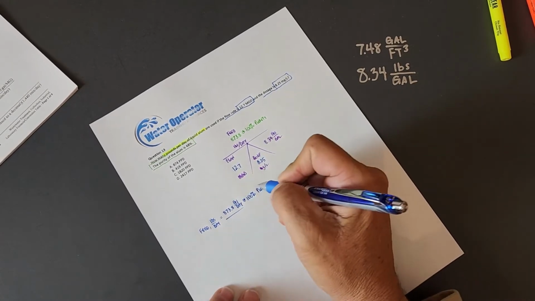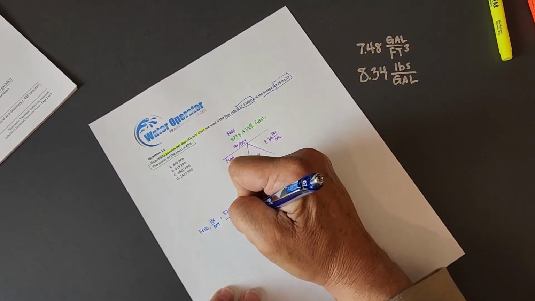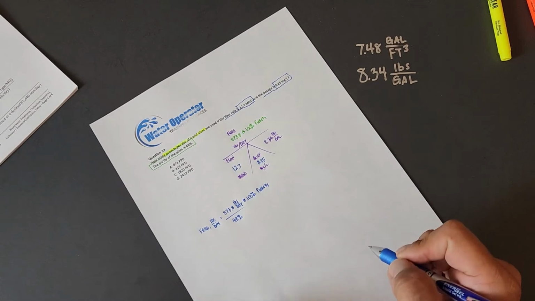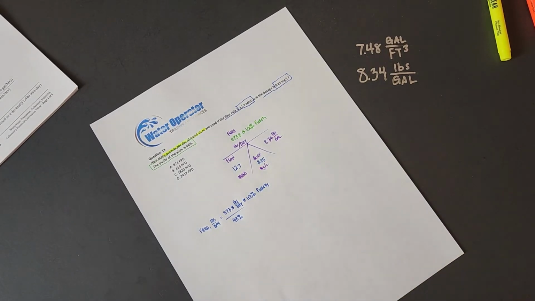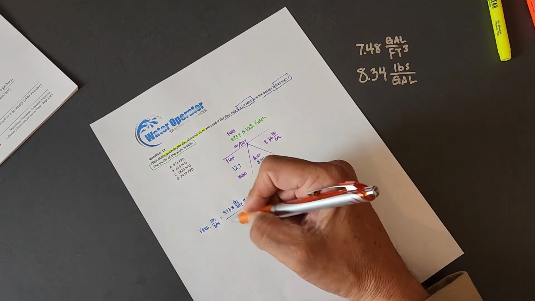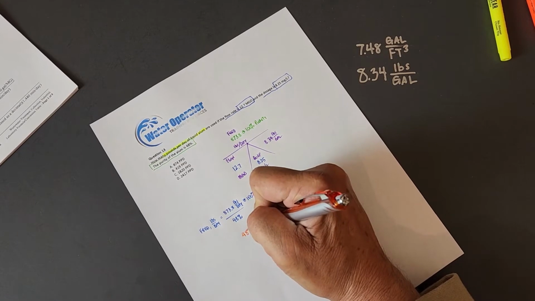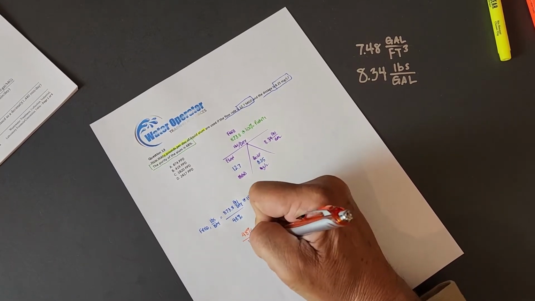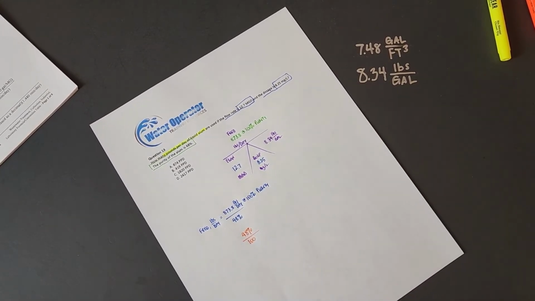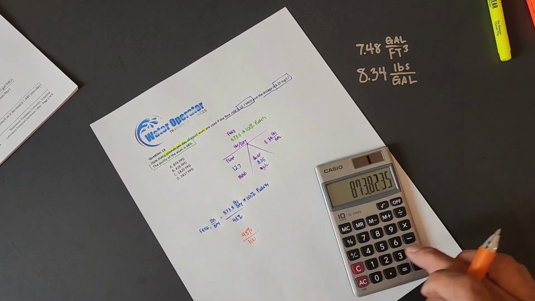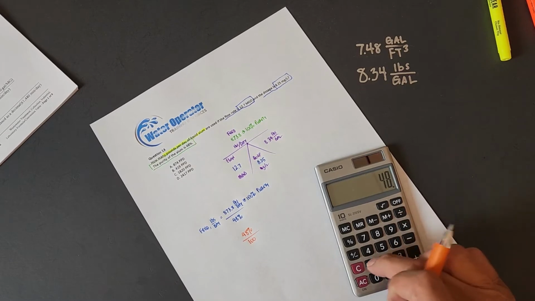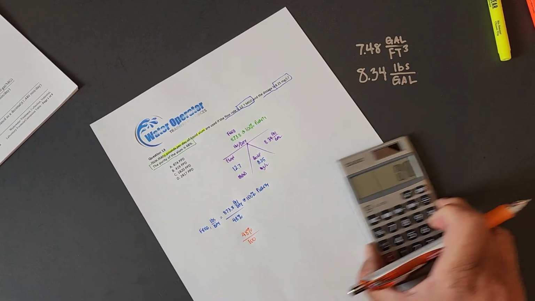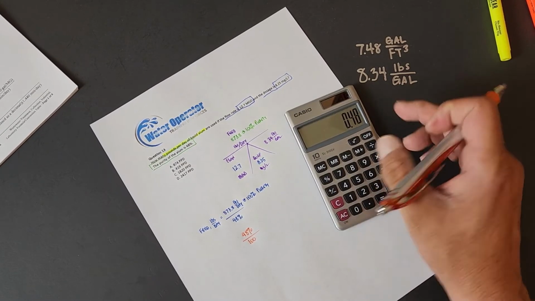We're going to divide that by 48%. Before we divide by 48%, let's convert 48% to a decimal. 48% divided by 100 equals 0.48.